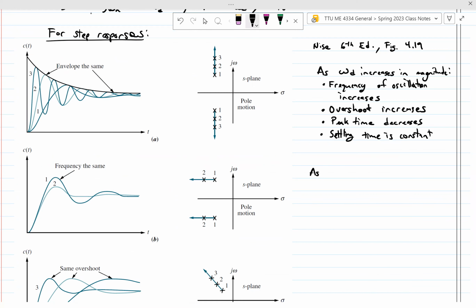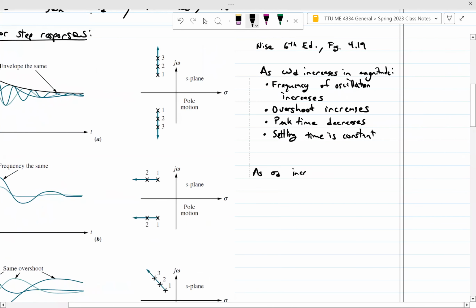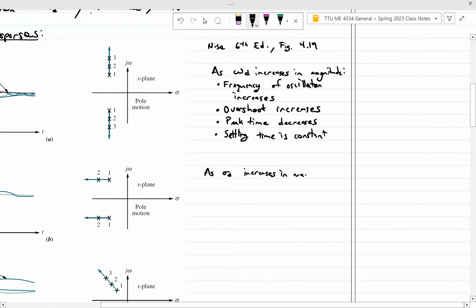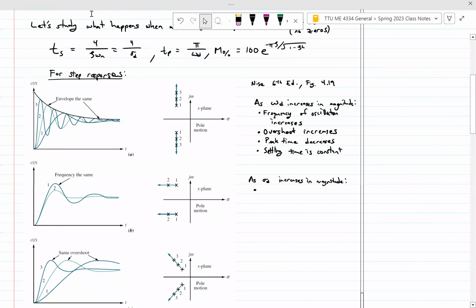So as sigma d increases in magnitude, what happens? What do we got? What's going on here? Settling time decreases.